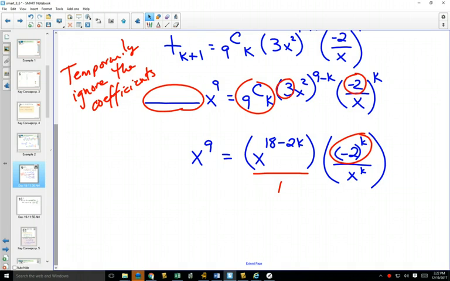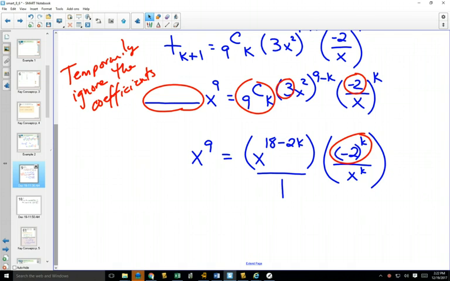I'm going to ignore this too. Can you see that this would be in a numerator? And I have an x to the k in a denominator. This power is in my numerator. This power is in my denominator. What exponent law can you do then?